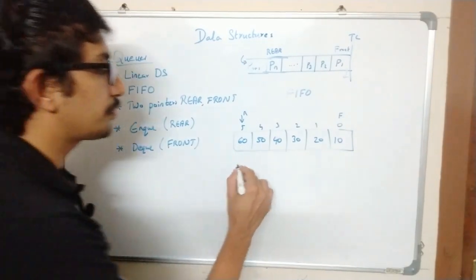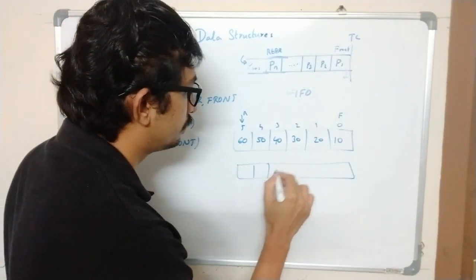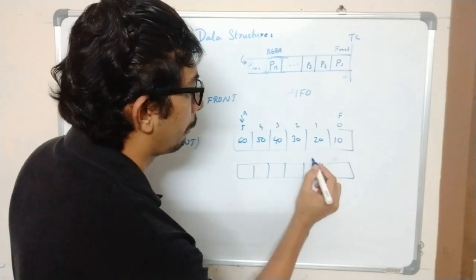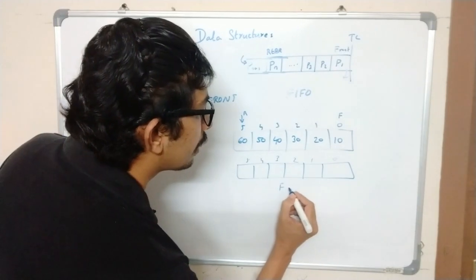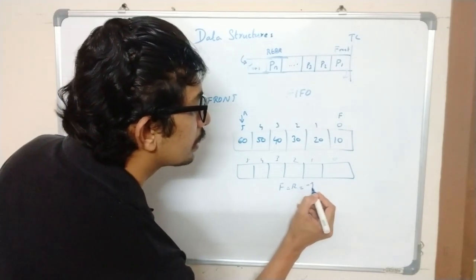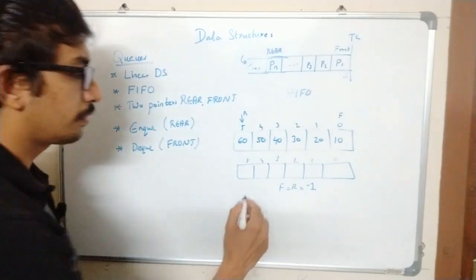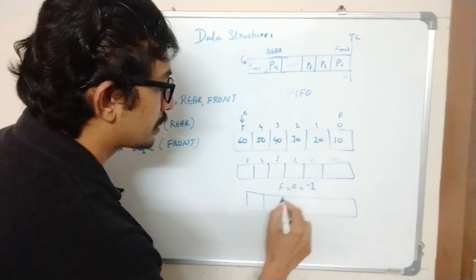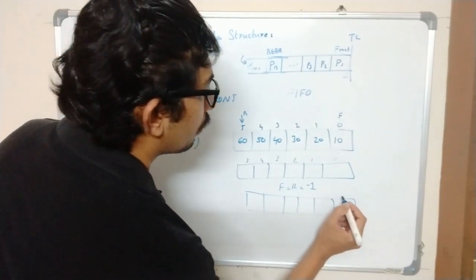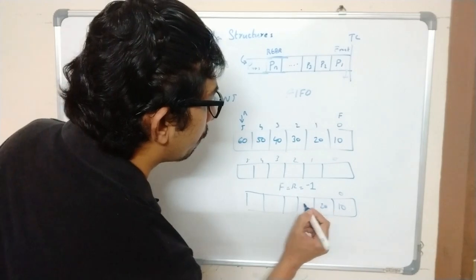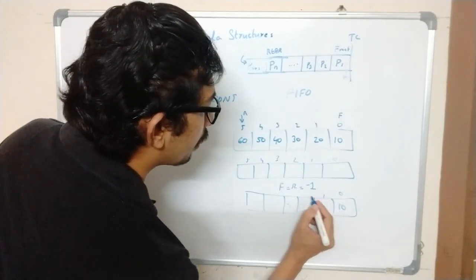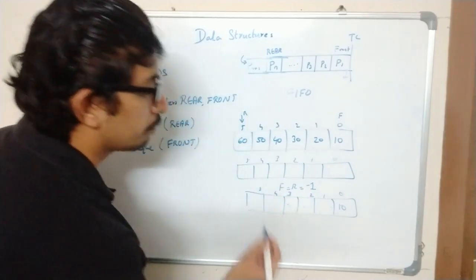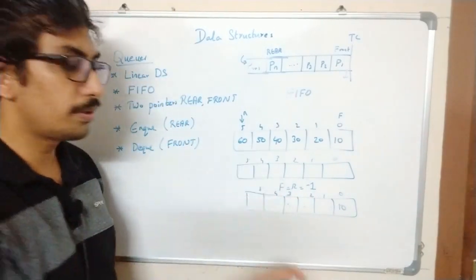Okay. Suppose it is an empty queue. If the queue is empty, then the values of front and rear will be initialized to -1. And think of a scenario where we have only one element. Who is standing at the front of the queue?